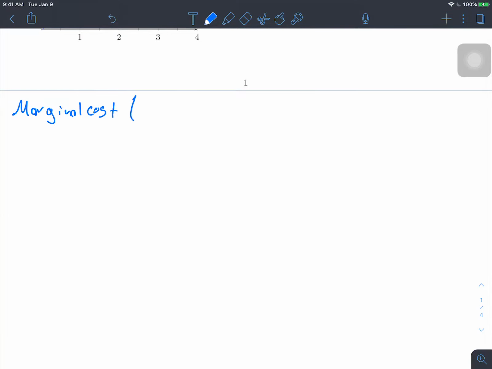Sometimes we abbreviate this MC. Equals C prime of Q. And we can approximate it by C of Q plus 1 minus C of Q.